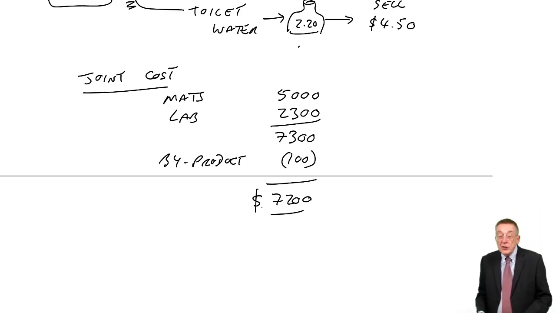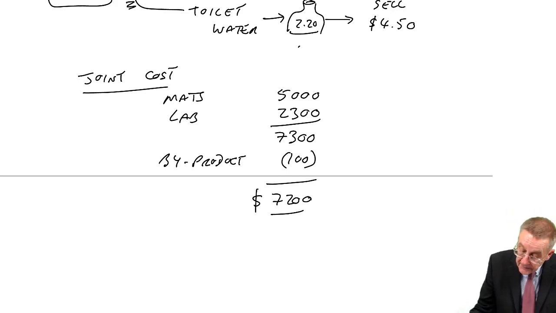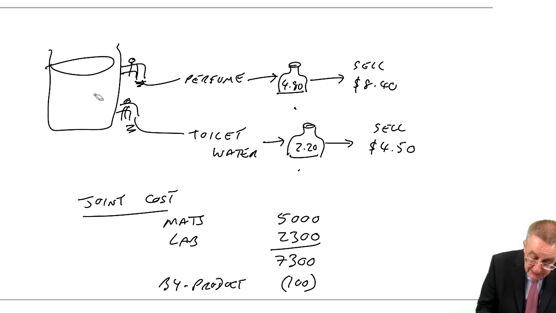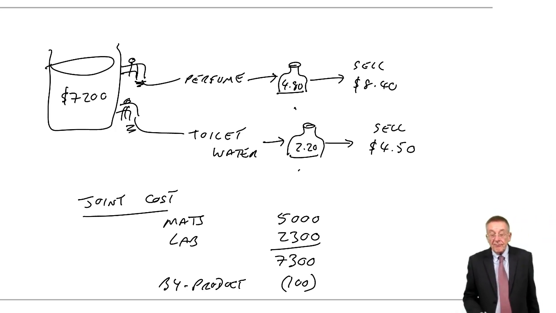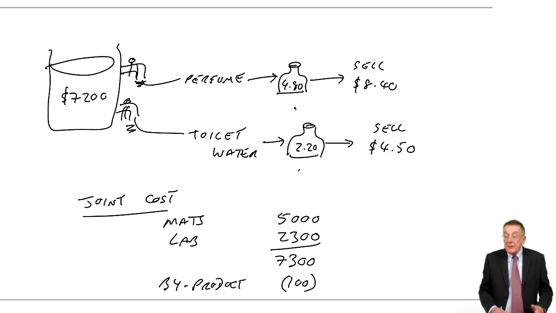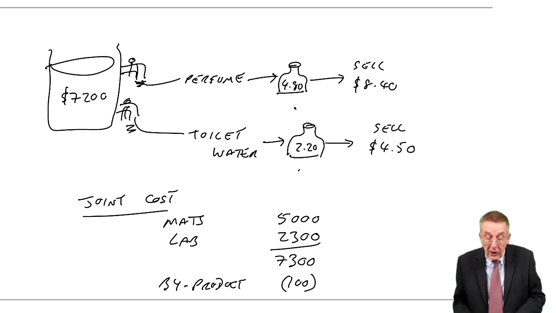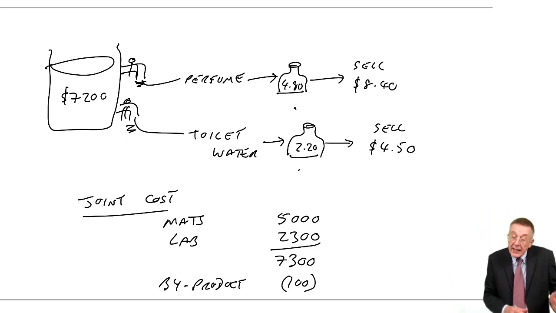And so there are the joint costs. These are the costs incurred in that tank. We need to split it between perfume and toilet water. And then to get the final cost of perfume, we'll add on 480. To get the final cost of toilet water, we'll add on 220.